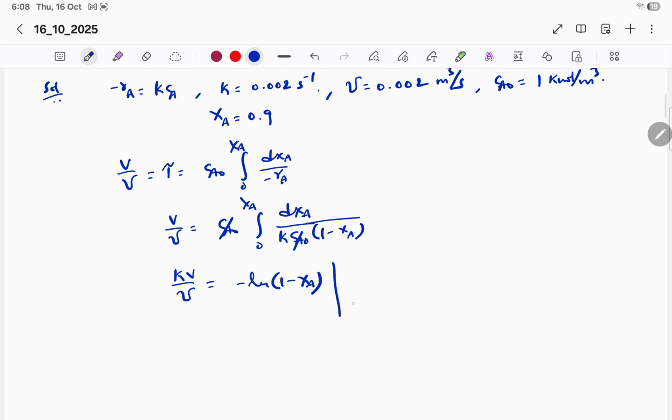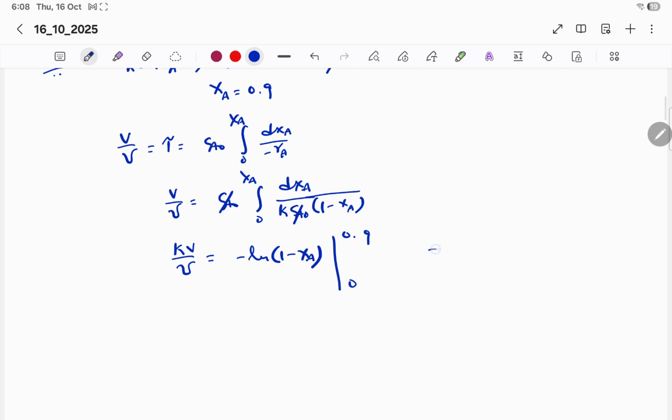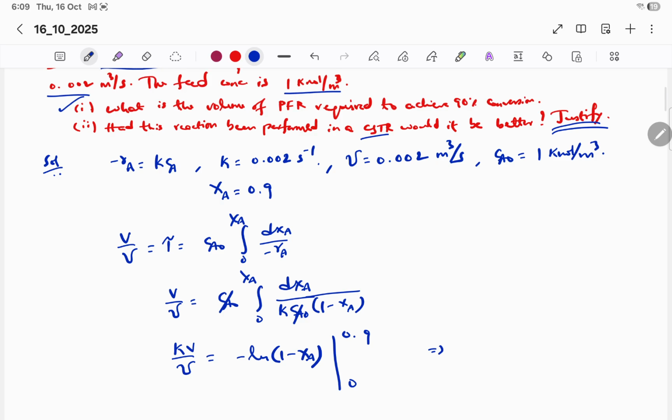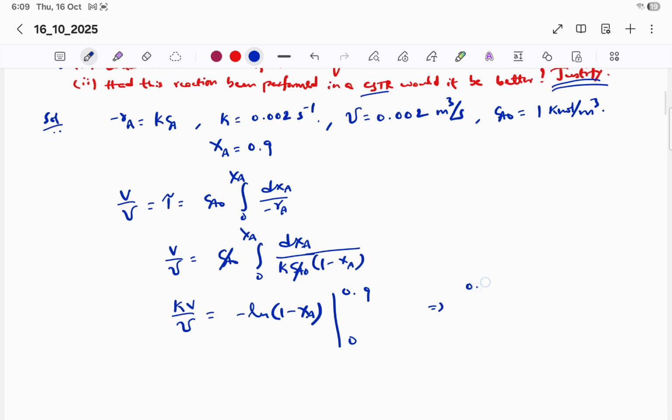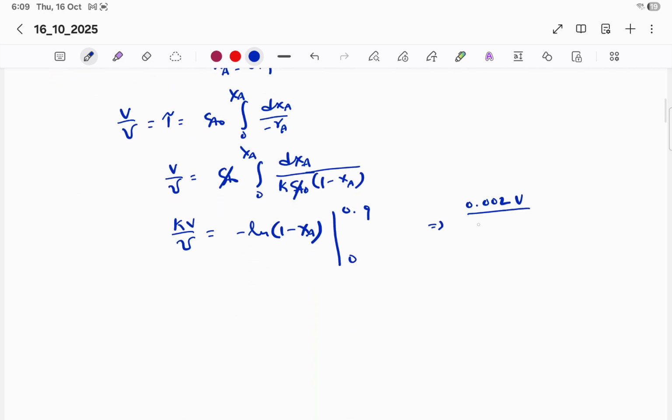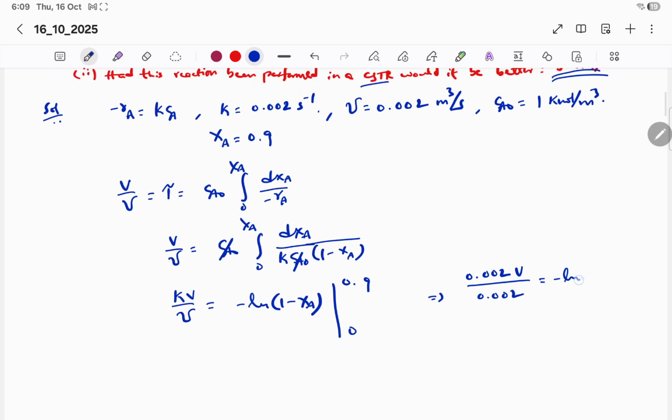Now we apply the limits 0 to 0.9 conversion. If I substitute all the values, 0.002 into V divided by the volumetric flow rate. The volumetric flow rate and rate constant are both the same, 0.002, equal to minus ln of 1 minus 0.9.